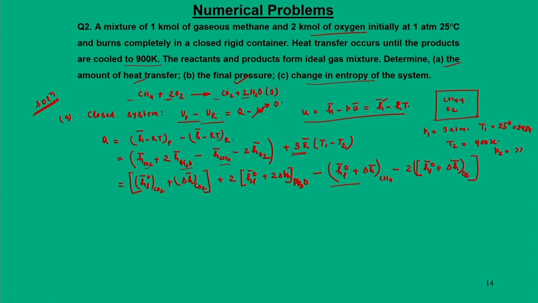So each information was given here, plus 3 R bar times T1 minus T2.